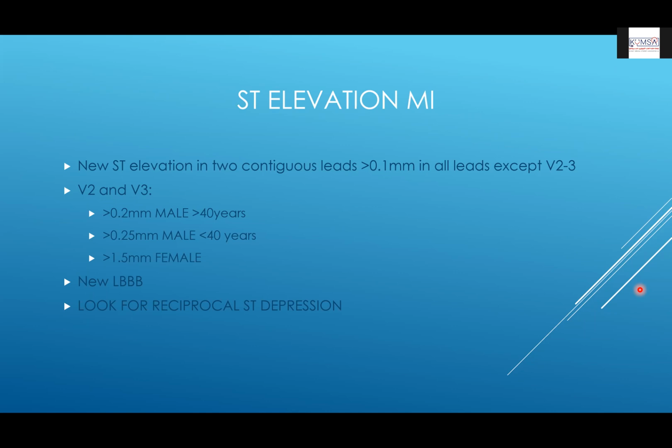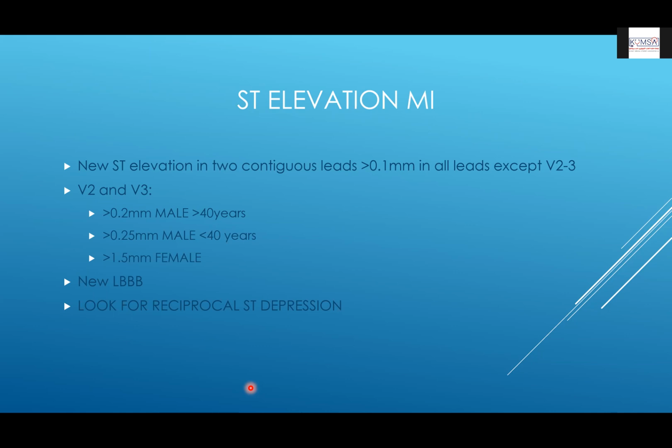Any male less than 40, it's more than 0.25 millimeters. Sorry, those are centimeters, not millimeters. And anything more than 1.5 millimeter, that's the female. You can also assume that any new left bundle branch block is significant, and you should take it seriously.